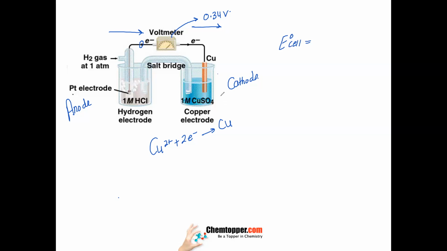So I can assume this as X. So X minus this value, 0.00. So what is E naught cell? 0.34. So X, what is X? E naught cell is this. What is X? X will be plus 0.34 volts. That is X.